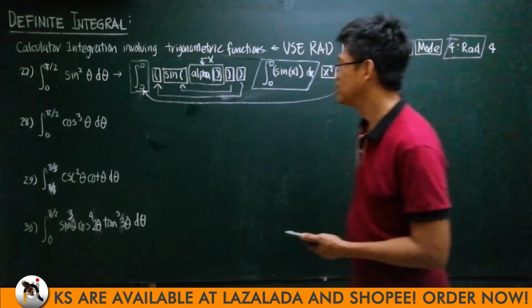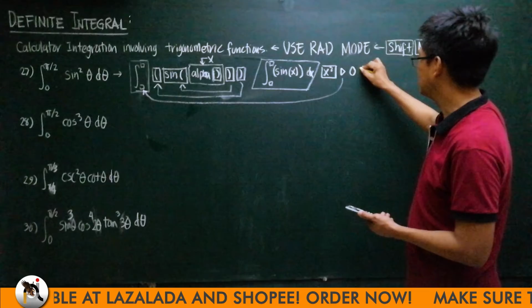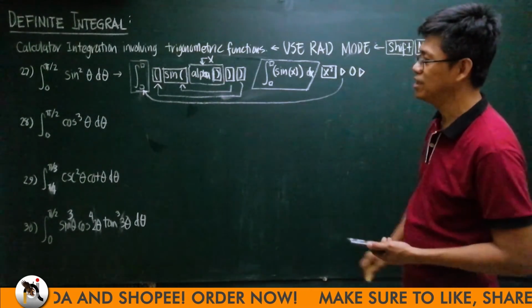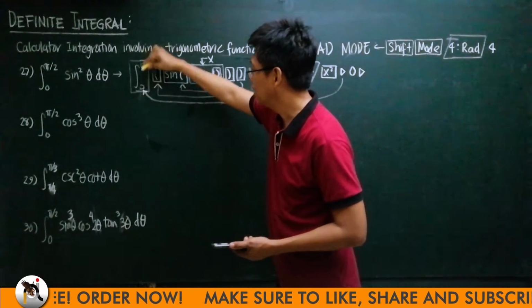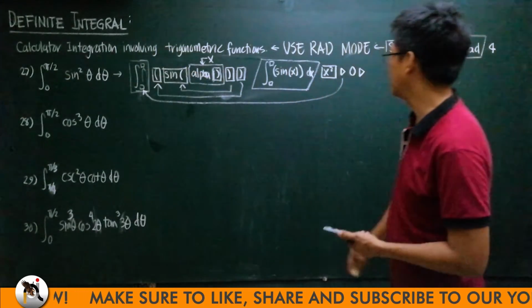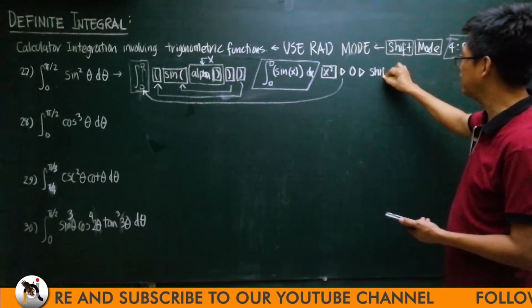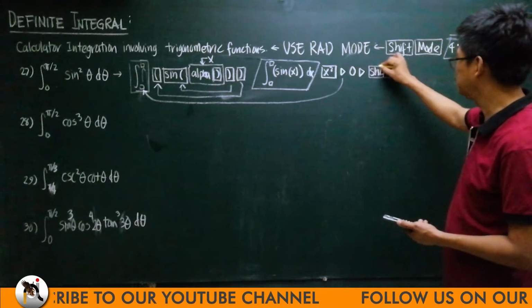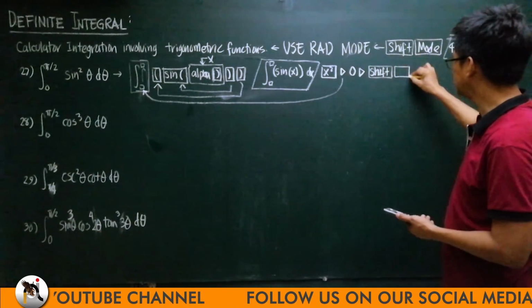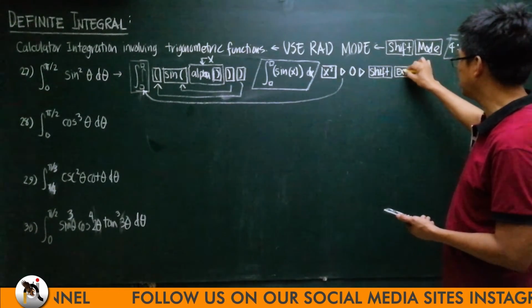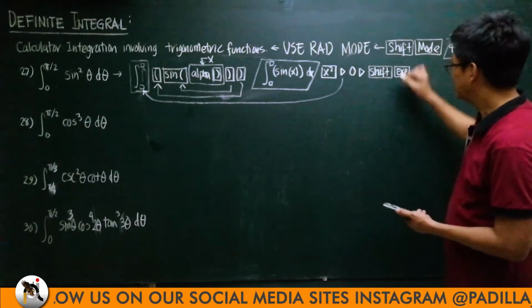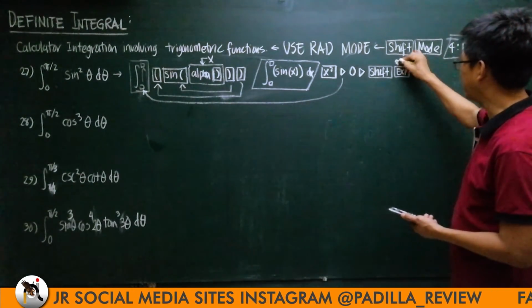So input 0. Then press the right arrow key to bring you to the upper limit. So therefore, press pi. Pi is shift exponent. Notice that on top of the exponent key, there is the red pi.